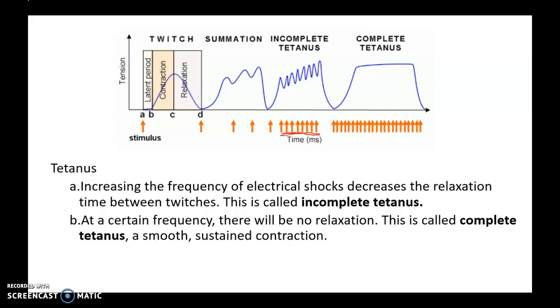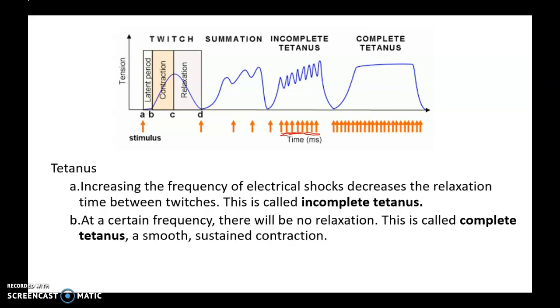Now I want you to focus on the incomplete and complete tetanus. If you look at incomplete tetanus, what's happening to the frequency of stimuli? Yes, the frequency is high. So the stimulation frequency has increased. Therefore, we are stimulating the fiber over and over and over with electrical shocks. And that leads to decreased relaxation time between twitches.